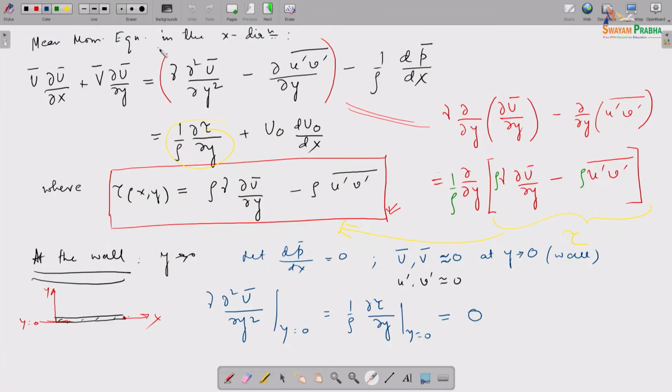Okay. So, essentially we started out with the mean momentum equation in the x direction and y direction, and then we wrote down this equation, and then we saw that this is tau. Now, this tau is nothing but the total stress. There is a viscous contribution and there are Reynolds stresses, but at the wall the Reynolds stresses are also going to go to 0. So, this is entirely contributed by the viscosity.